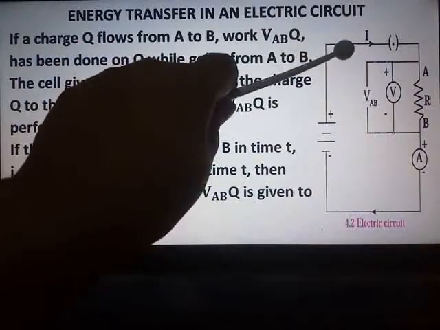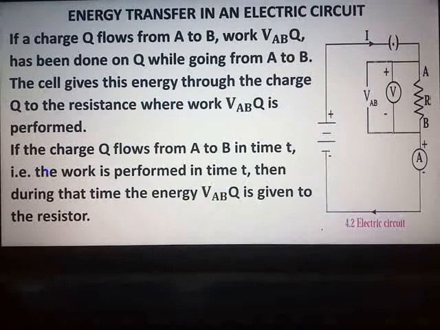You can see in this diagram the connection of the circuit. Here you have to measure the current and also the potential difference V between the points A and B, that is the two ends of the resistance.